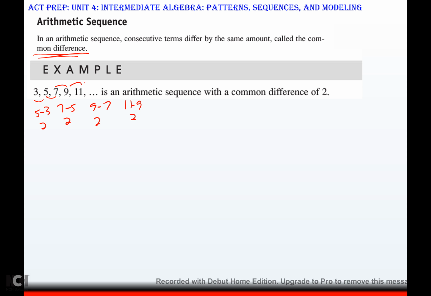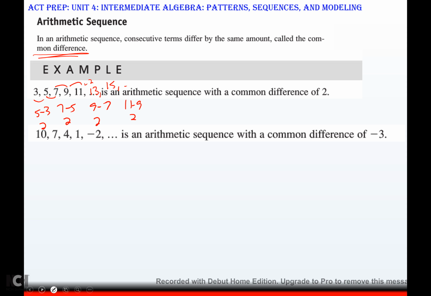So the next term would be 11 plus 2, which would be 13. The next one would be 13 plus 2, which is 15. And you could keep the sequence going forever.